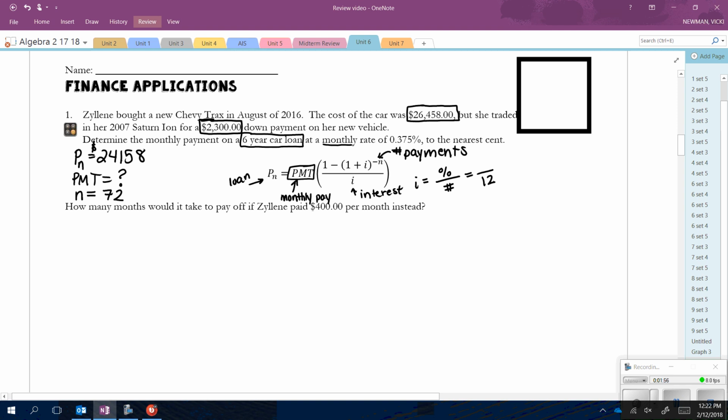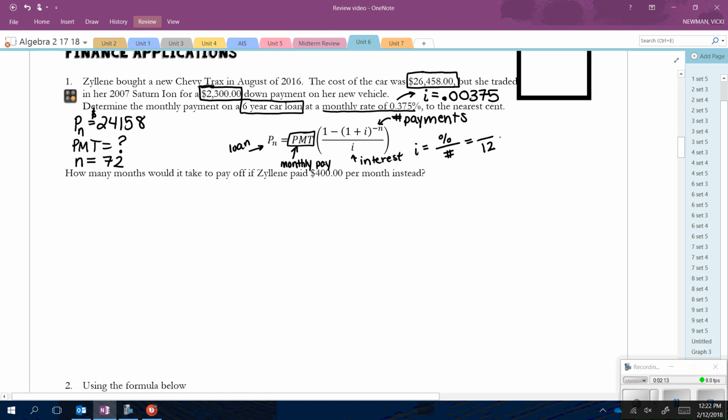At a monthly rate, usually that's given to us as an annual rate. So this time I just have to move the decimal, 0.00375. Okay. So I'm actually going to store the I value. So right here I'm going to say 0.00375, and I'm going to store it.